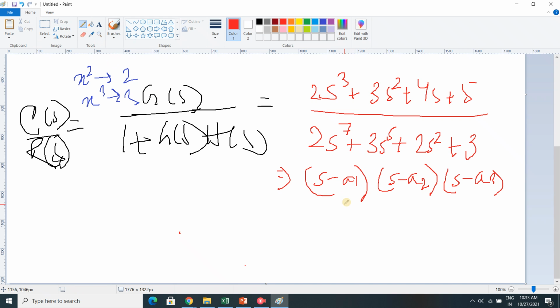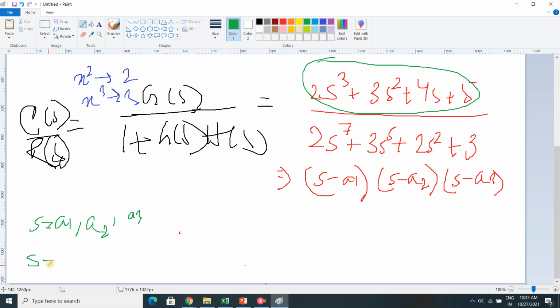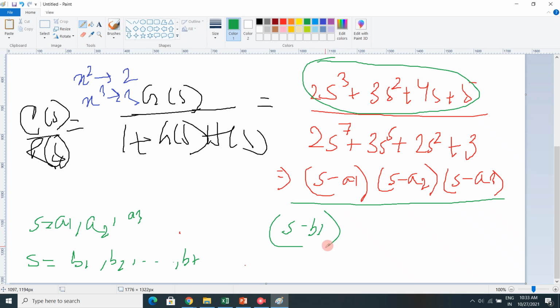So a1, a2, a3 are the solutions of s. That means if you solve this particular numerator part, you will get three values of s. Suppose the first value is a1, then a2, then a3. And for the denominator, 7 values, so you will get say b1, b2, and so on up to b7.